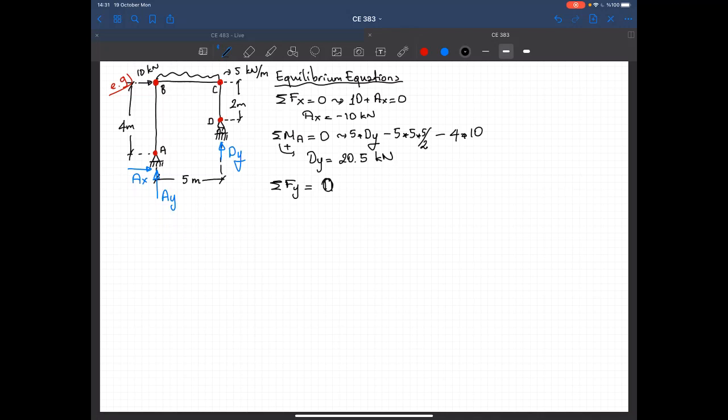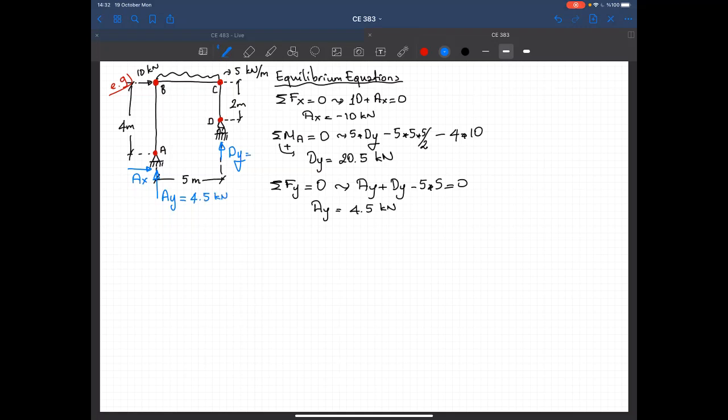And my final equilibrium equation, Fy, should be equal to 0. And this will tell me Ay plus dy minus 5 times 5 should be equal to 0. And from that equation, I obtain Ay as equal to 4.5 kilonewtons. So these are the support reactions. This is equal to 4.5.